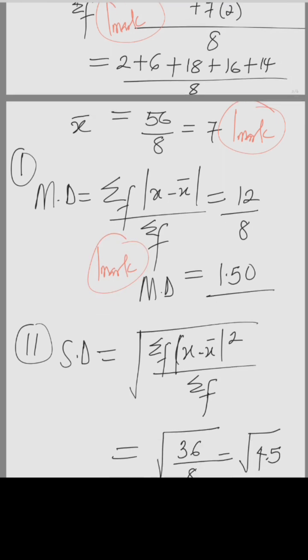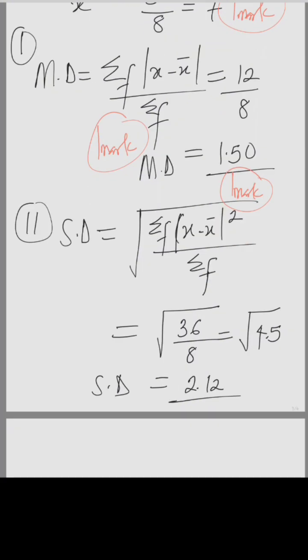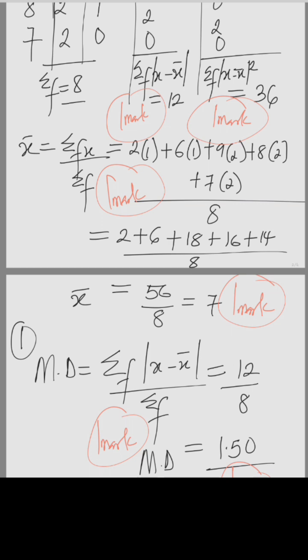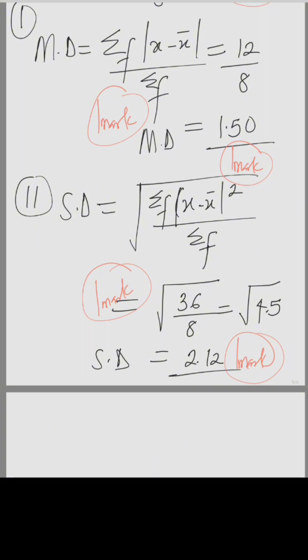And getting the correct value to two decimal places as 1.50 also gives us 1 mark. We have 1 mark for finding the standard deviation, and substituting correctly gives us another 1 mark, and getting the correct answer for the standard deviation to two decimal places as 2.12 gives us another 1 mark. So looking at this, the total marks allocated is 1, 2, 3, 4, 5, 6, 7, 8. So we have a total of 8 marks allocated to this question.